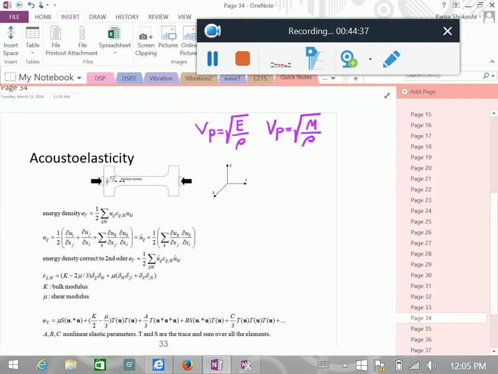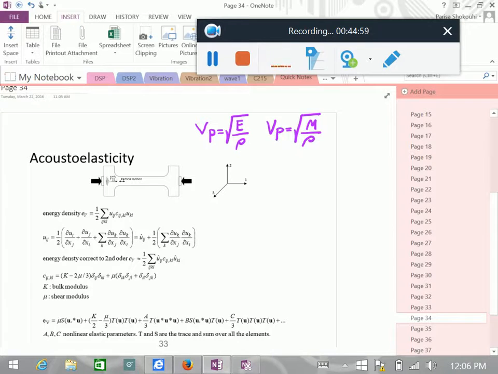Lambda plus 2G. What did we call M? That's correct. Constrained modulus. This you have to know. If you wake up, someone asks you, you have to know. This is a constrained modulus. So in 1D and 3D, we have two different moduli.